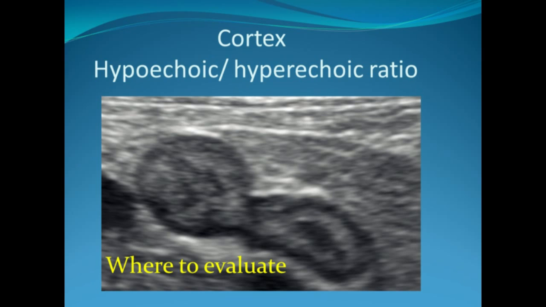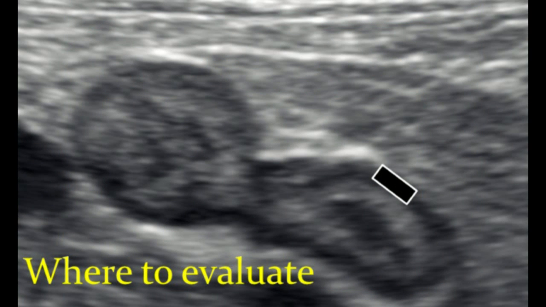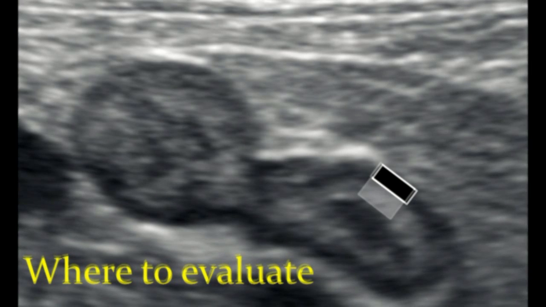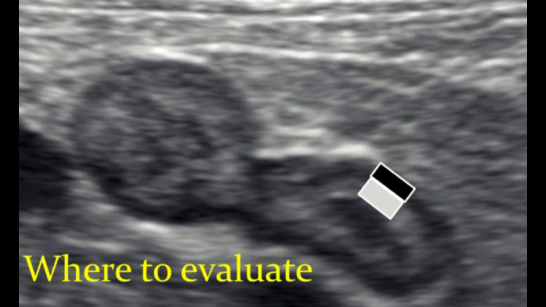So once you've got this image, and it is possible to get consistently, we're going to measure the hypoechoic layer, which is the glomerulosa layer, and then the hyperechoic layer, which is the fasciculata and the reticularis layer.